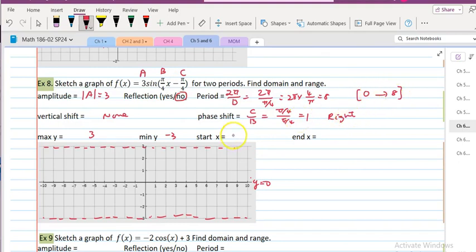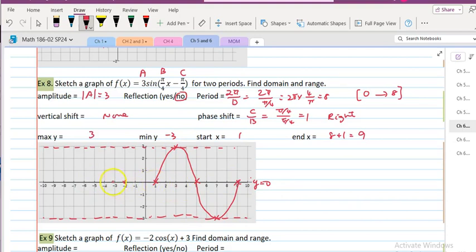Subtract is right. So the old one before phase shift is 0 to 8. After you move right one, it would be 1 to what? 8 plus 1 equal to 9. So now you plus 1 and plus 1 will be 1 to 9. The middle of 1 to 9 is 5. This is a sine, so it goes up first. No reflection, so go to 3, down to 3, like that. 1, 2, 3, 4.